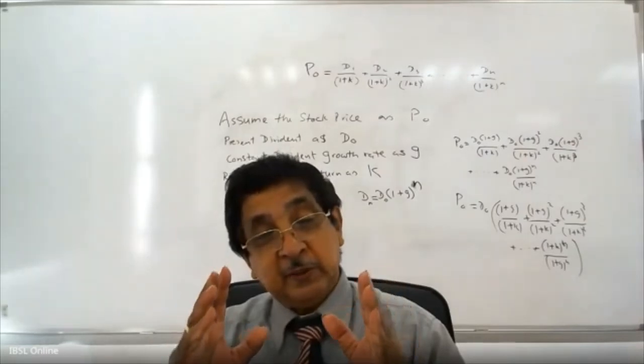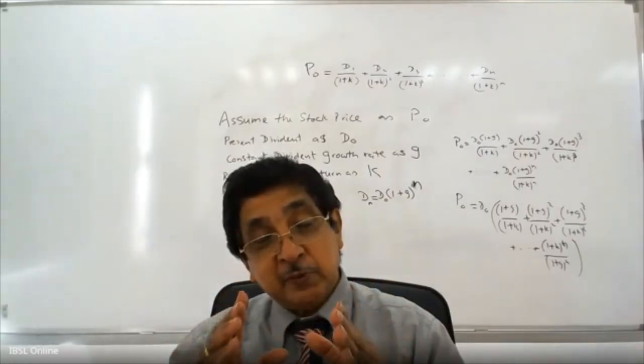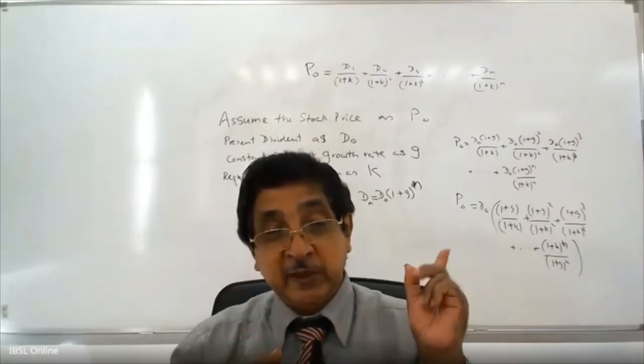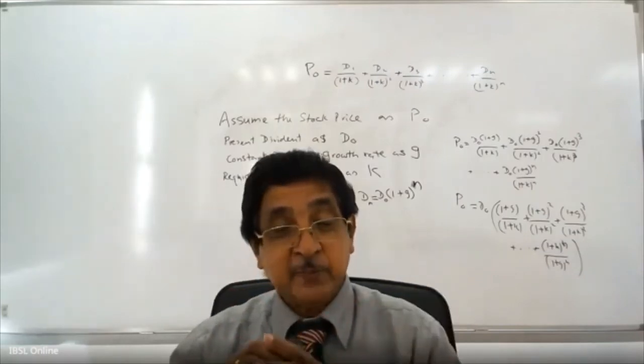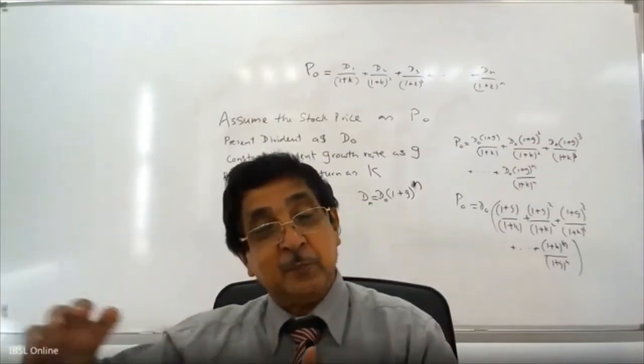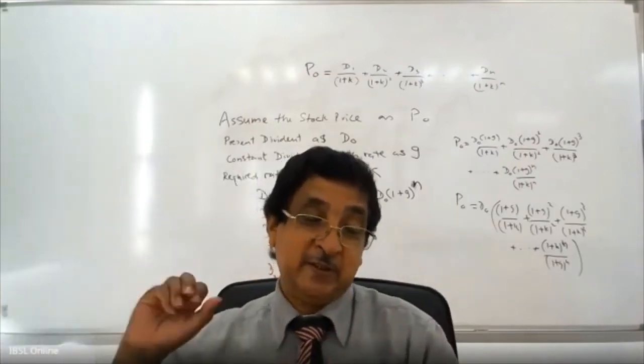Now I will repeat what I have said. In the process of getting the value for the stock, we devised a certain relationship. V0 is equal to a particular sum of items.